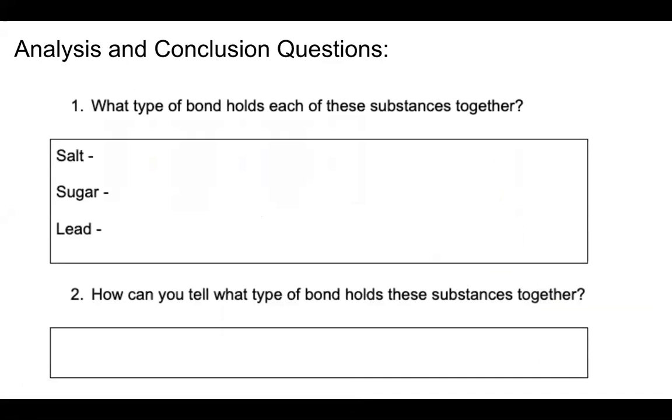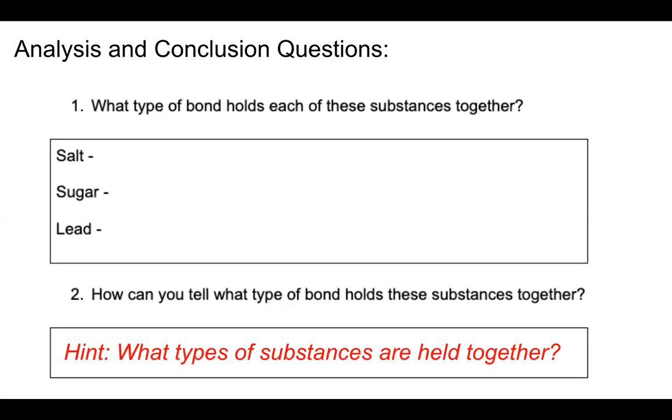But question number 2 really gets to the heart of it, because we want you to be able to know what type of bond is at work in different situations. If you just look at the chemical formula or symbol, hopefully you can maybe make that identification. And what we're really wondering is, what types of substances are being glued together, if you want to think of it that way?